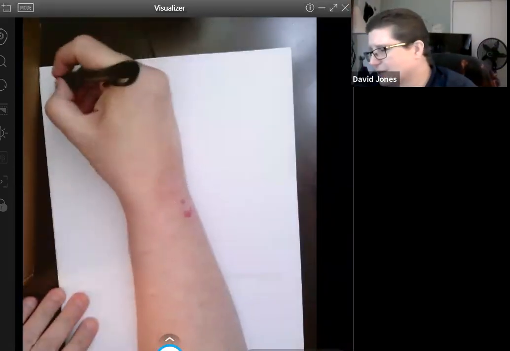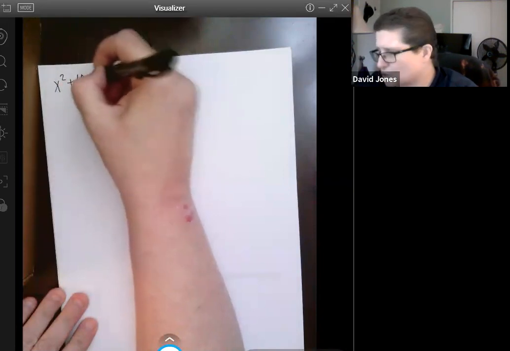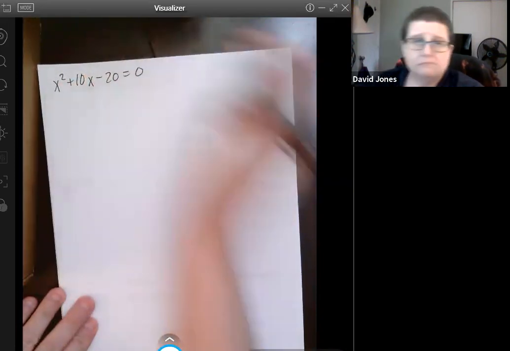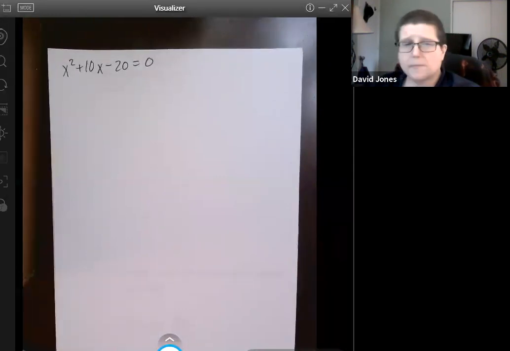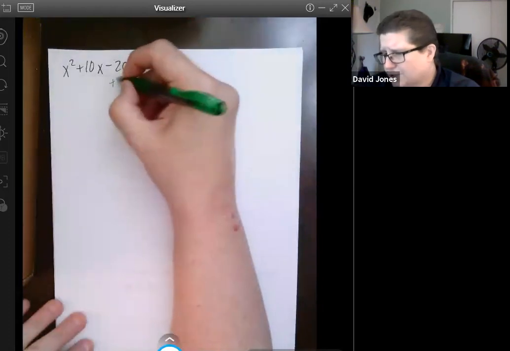Try your hand at this one: x squared plus 10x minus 20 equals 0. I'll assume you paused it and worked it out. Hopefully you took the following steps.